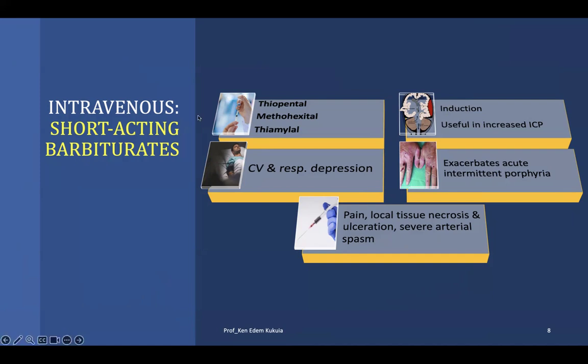Because of the fact that they reduce cardiac output, they could also cause a reduction in the blood flow to the brain. So we say that there is a reduction in cerebral blood flow. This reduction will cause the volume of blood reaching the brain to be lower, and so that would affect the intracranial pressure.